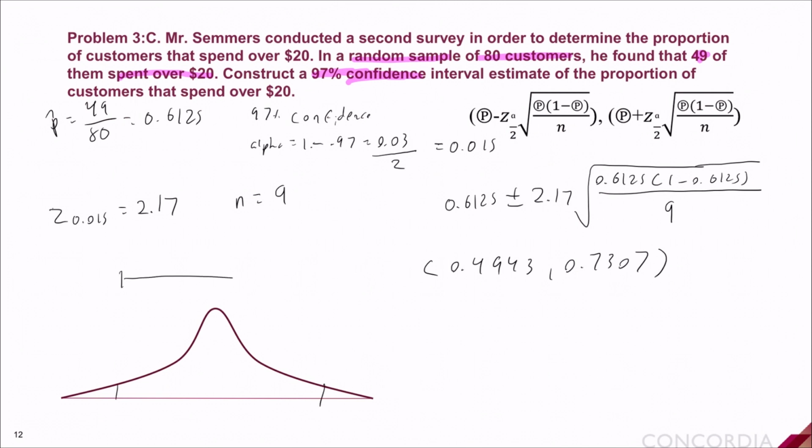that we are 97% sure that between 49.43% and 73.07% of all customers spend at least $20. We'll put that in writing.